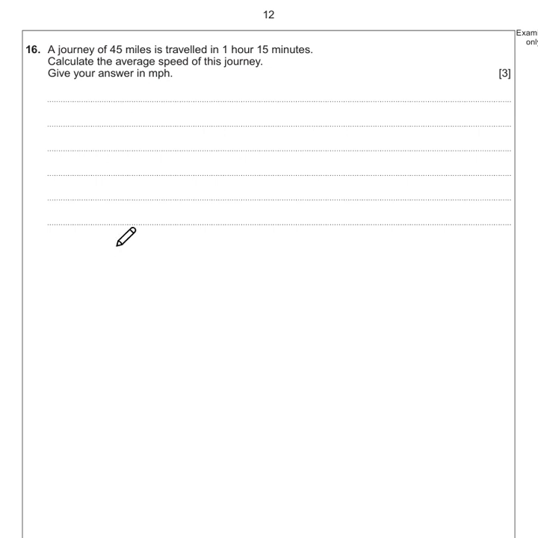Question 16. So we've got a journey of 45 miles, travelled in 1 hour and 15 minutes. And we've got to calculate the average speed of this journey.